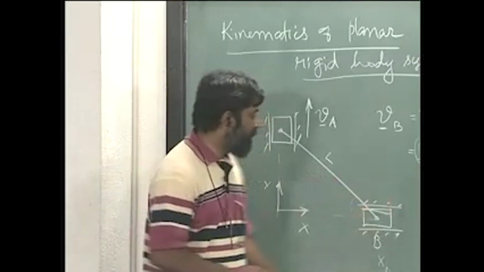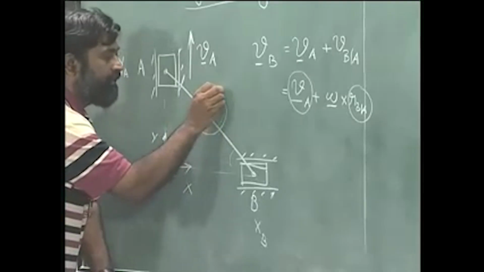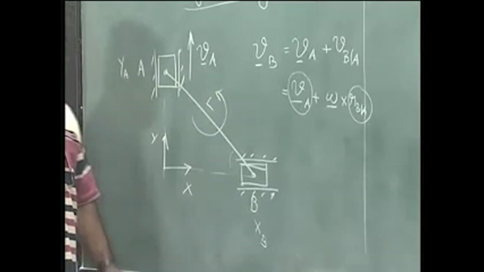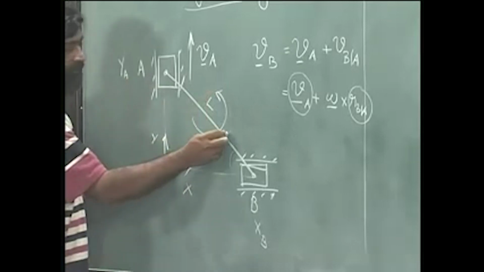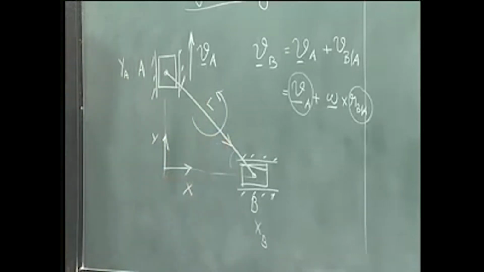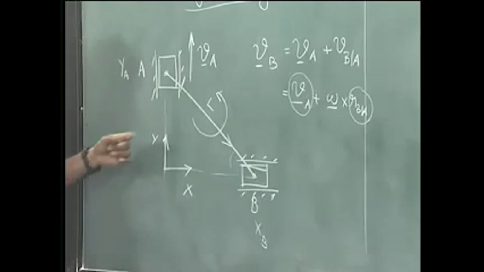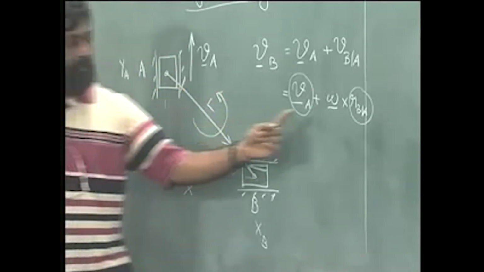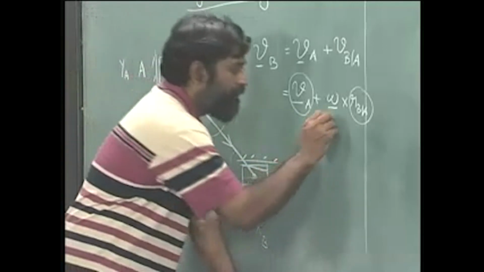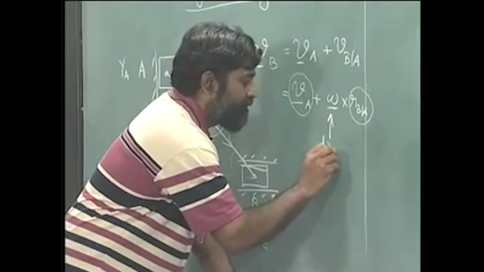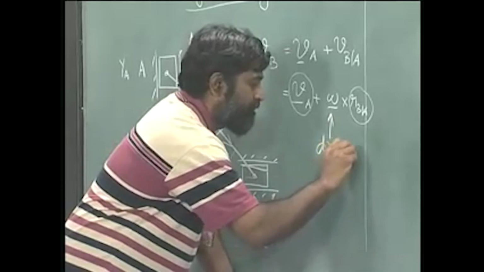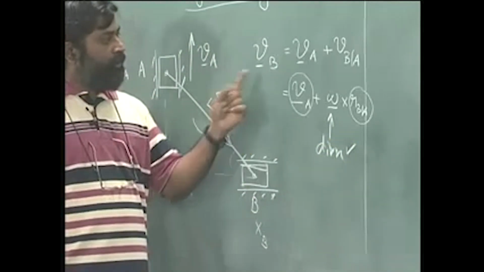What is this omega? Omega of this, which is like this. What is r of B with respect to A? It is like this. So, r of B with respect to A is known, is omega known? The answer is no. We know the direction of this. Do we know the direction of this?